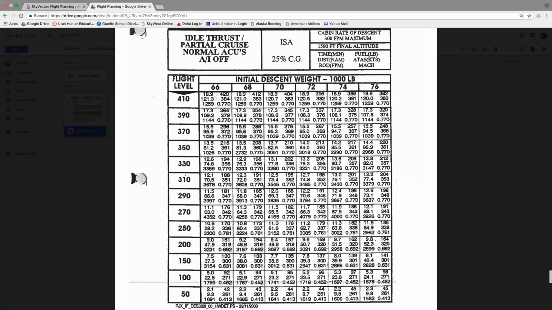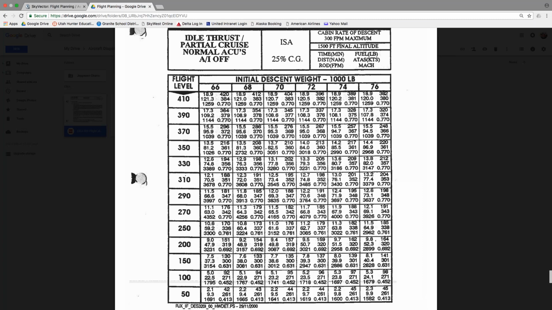Where'd you get the 373? That was our total distance between Salt Lake and Denver. You're trying to figure out your leg, the distance between the 2? Yeah, I would add the top of climb and the top of descent, add these 2 together.